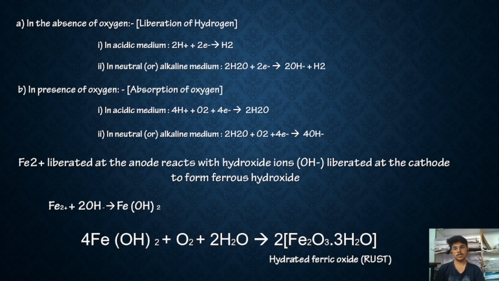So Fe2+ liberated at the anode reacts with hydroxide ions liberated at the cathode to form ferrous hydroxide. Fe2+ plus 2OH- forms Fe(OH)2. 4Fe(OH)2 plus O2 plus 2H2O forms 2Fe2O3.3H2O, hydrated ferric oxide, which is also called rust.